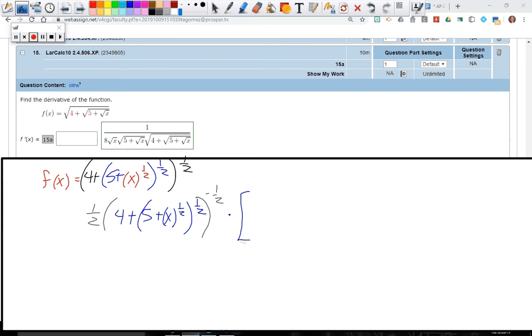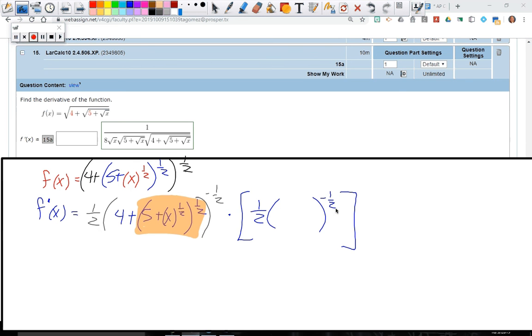What's the derivative of 4? 0. So now you're looking at just this piece, and you're about to do chain rule, power rule, because that's the derivative of the cream, which is what? 1/2 of that stuff to the negative 1/2.